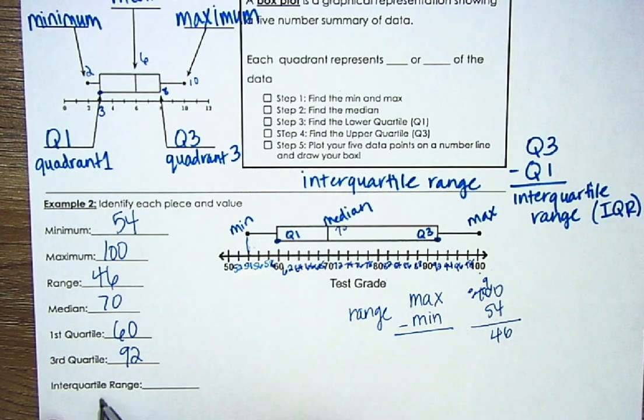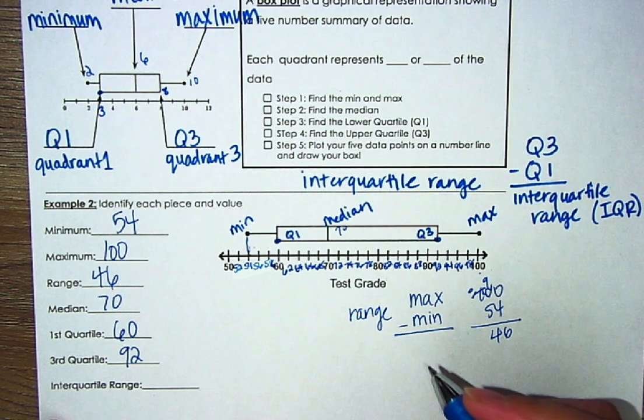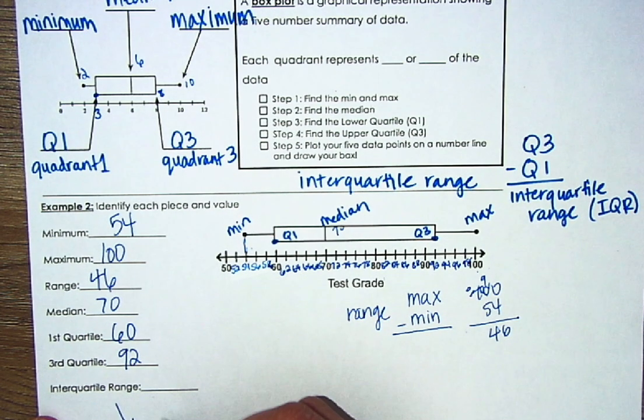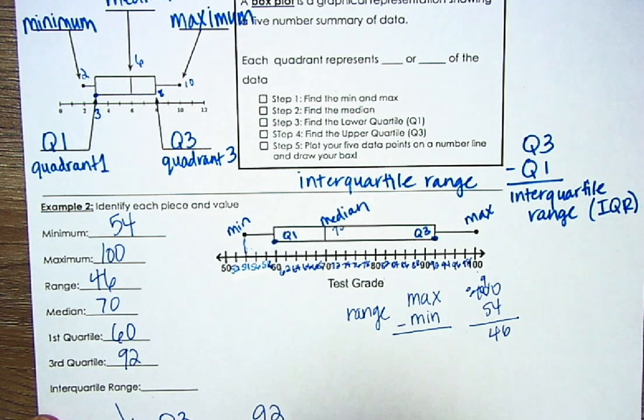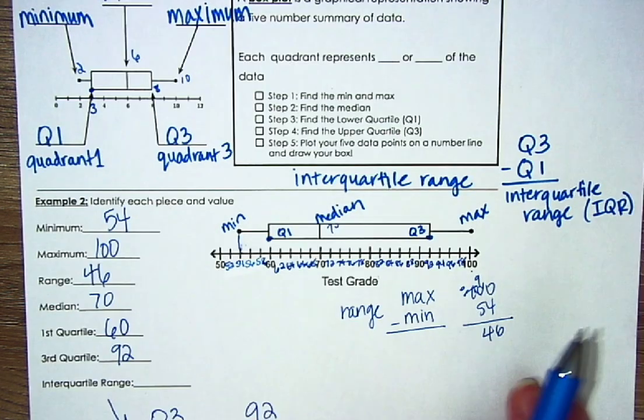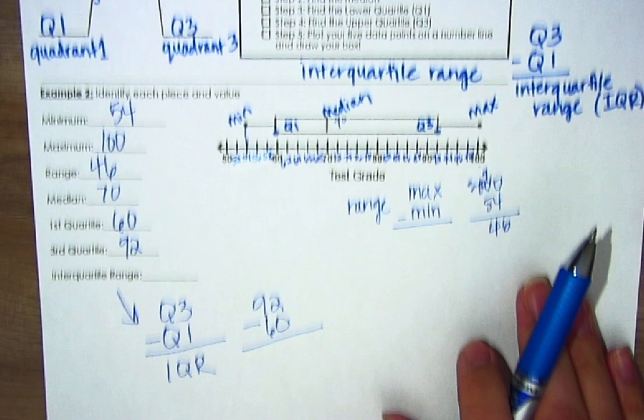All I'm doing is just looking at where it hits on the number line, 92. And then remember the interquartile range is the Q3 minus Q1. That's going to give you your IQR, your interquartile range. So Q3 is 92 minus 60. It's also easier when you label these because you can already tell what your number is going to be.